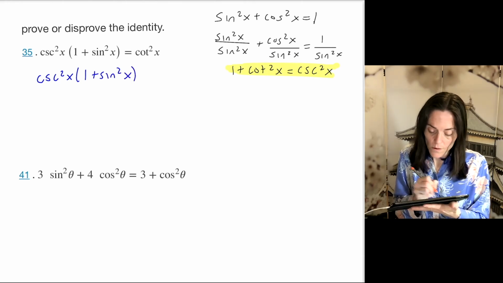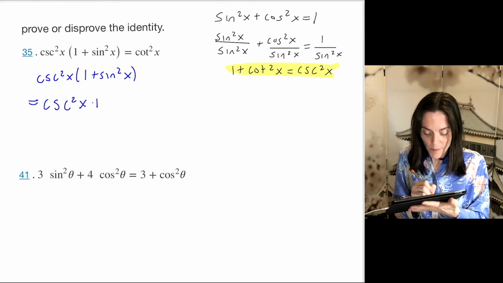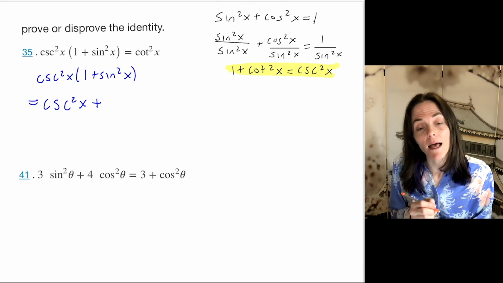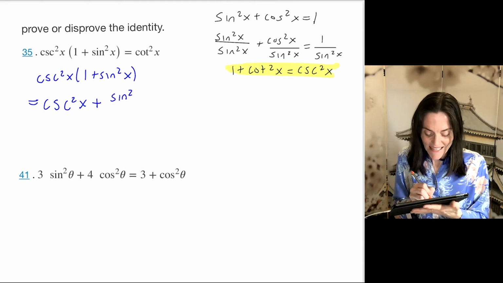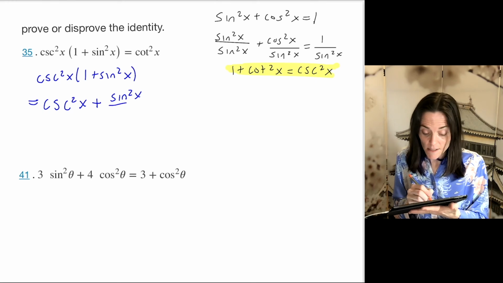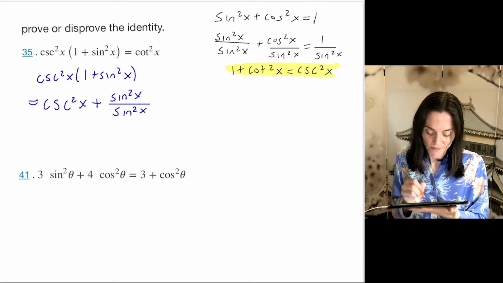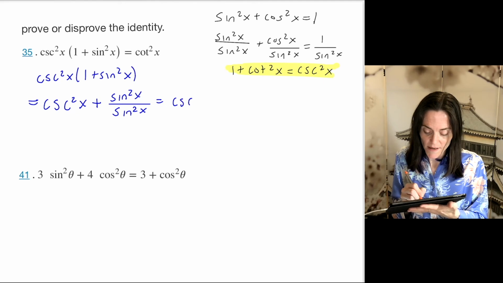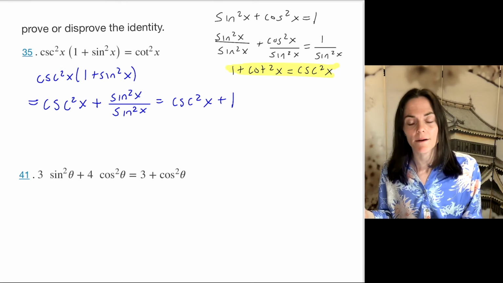And this equals, well, let's distribute. This would be cosecant squared, and then plus, well, when I multiply cosecant squared, I can write it this way, sine squared, and cosecant squared is this. So we get cosecant squared x plus 1. The question becomes, is this the cotangent squared?